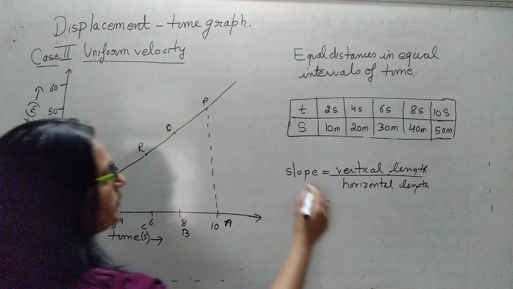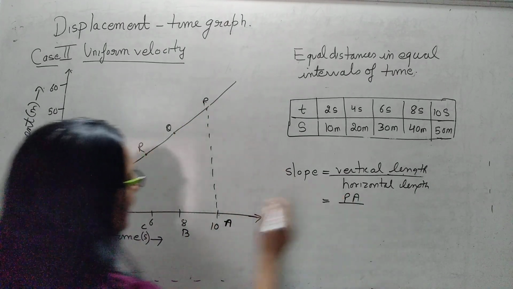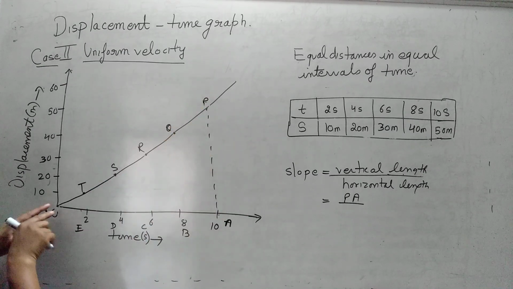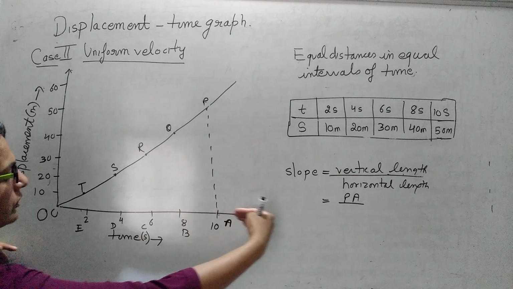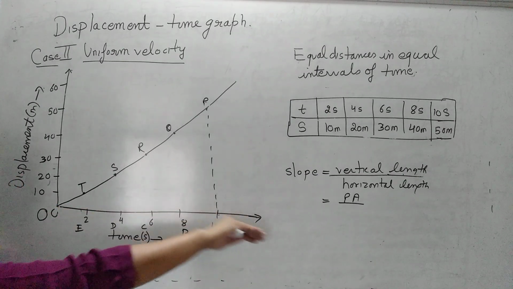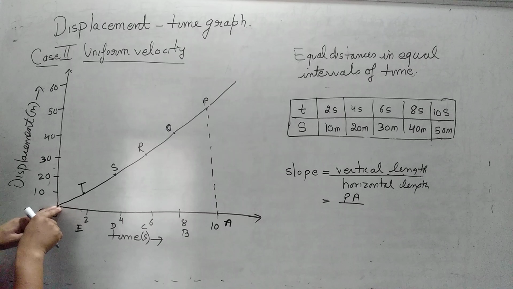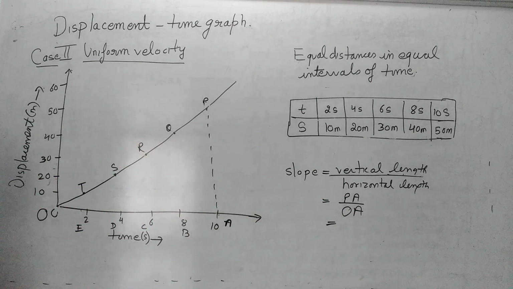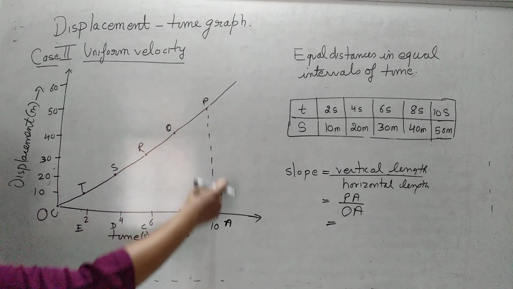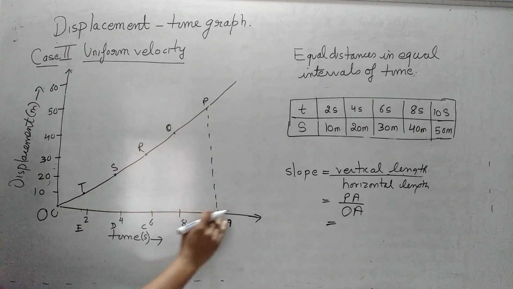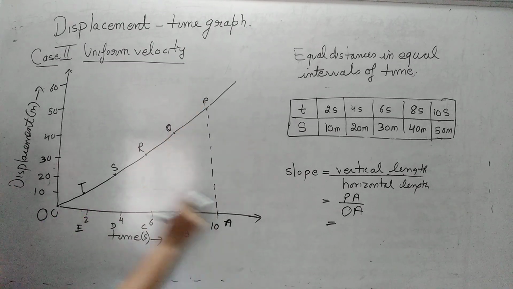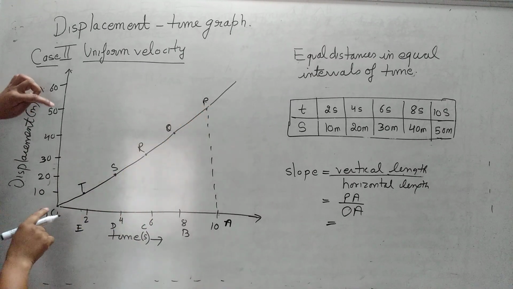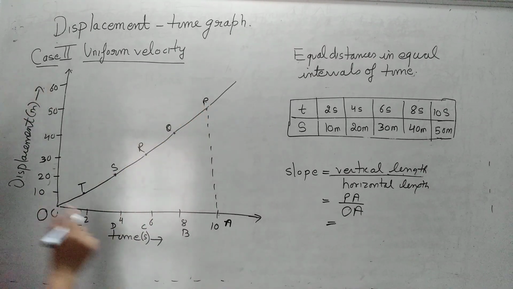It is PA. Why have I not written AP? Because from P to A, यहाँ से body ऐसे गई है, so I will not write this way. I will write along with this. And what is the horizontal distance? It is from O to A. The slope is always the vertical height over the horizontal. So it is from P to A and from O to A. What is this distance? You can find here distance कितना है? That is 50.